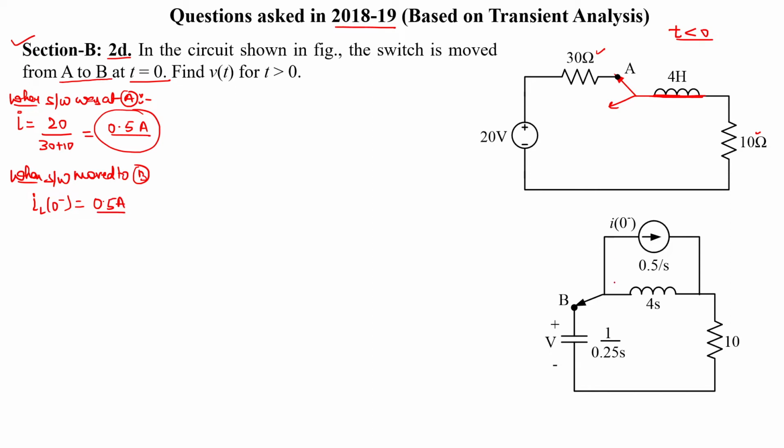Under Laplace analysis, this initial value will be connected across the inductor like this, IL(0 minus) or I(0 minus).